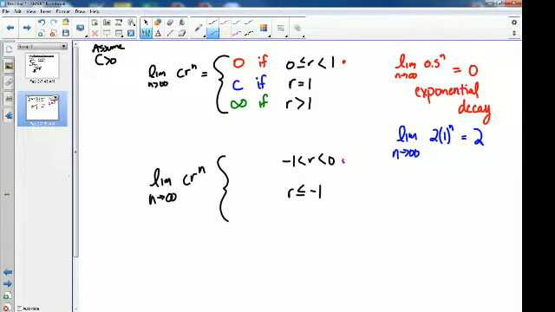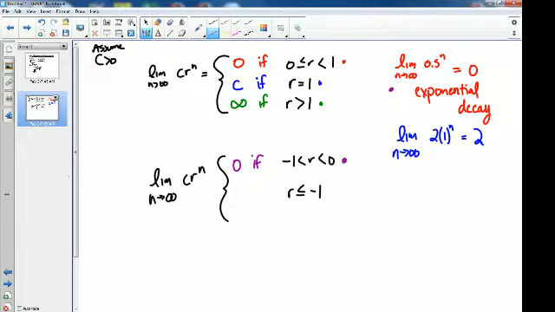What happens here? Very similar to this. So this would be 0 for similar reasons to this one. It's exponential decay. It just has a negative.